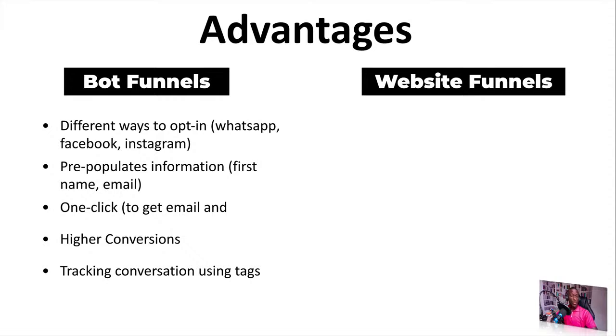The other cool thing is tracking conversation using tags. Comparing to an email, when you receive an email, the person who's sending the email wouldn't know what you're doing behind the scenes, apart from clicking the links if you have some links in the email. But with a chatbot, the good thing is we are tracking each and every conversation, which means we know the customer journey, and we know what they are doing, we know what they are clicking, because we have tags on the buttons through the flows that we are building in our chatbot.